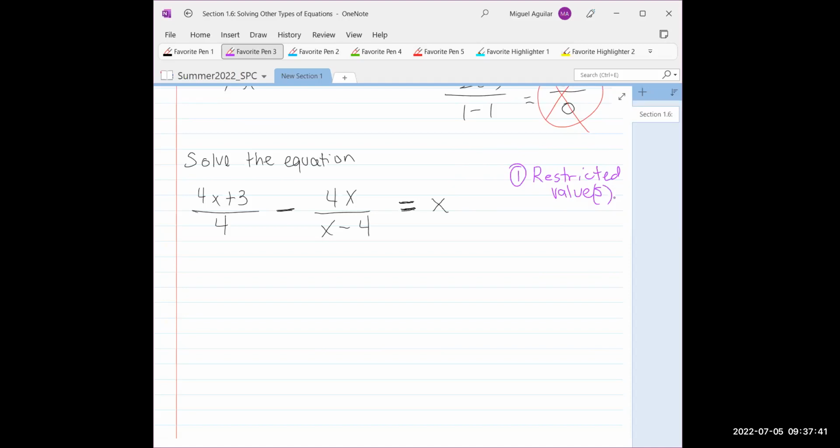That happens sometimes: you solve the equation, but it turns out that the solution is restricted. If that number forces you to divide by 0, then you cannot use it as a solution, so we have to throw it away. So the first step for solving these kinds of equations is to go term by term to figure out what the restricted values are for each of these rational expressions.